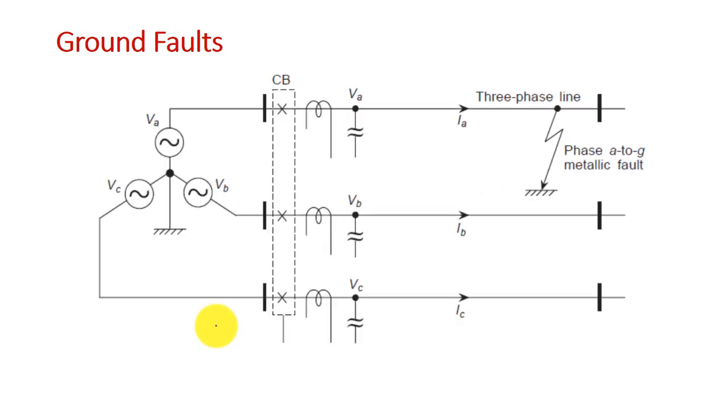Similarly, let us see the ground fault. For ground fault, let us consider the phase A to ground fault in this transmission line. If we draw the sequence network of this fault, how will it look?